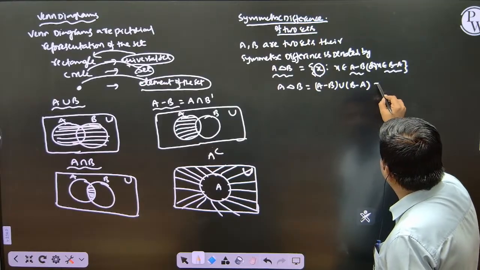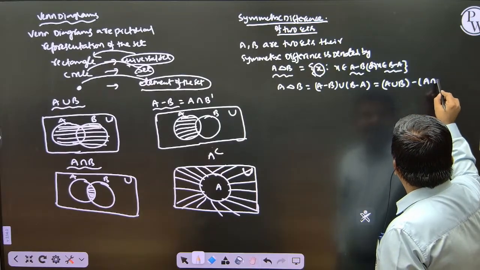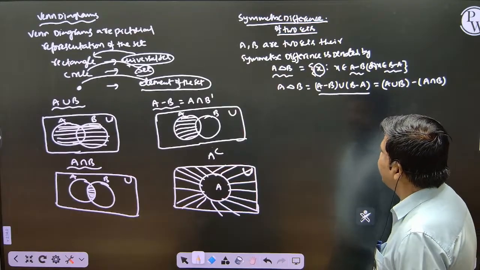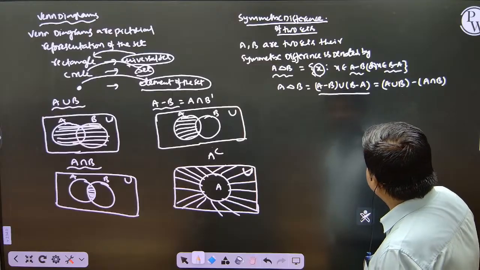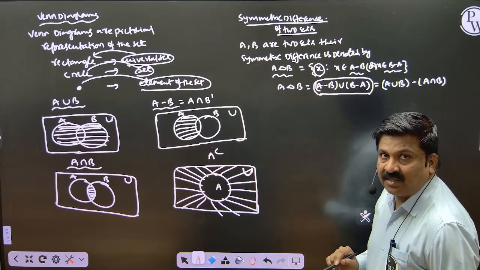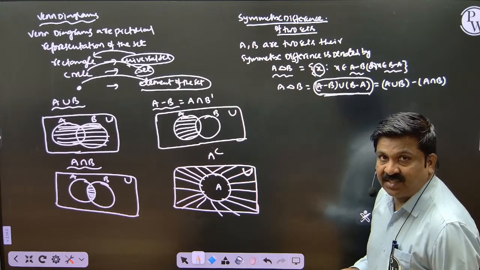Sometimes it can also be written as: from A union B, you delete A intersection B, and then we automatically get the symmetric difference of the two sets. The symmetric difference depends on the union of these two sets.